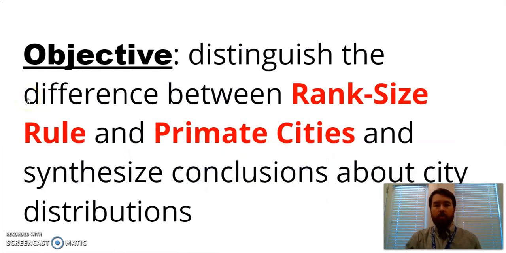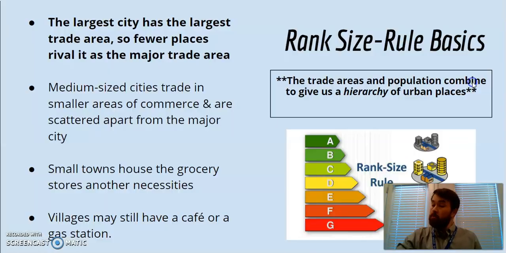So the objective is we want to distinguish the difference between rank size rule and primate cities and be able to synthesize conclusions about city distributions, why cities are located where they are and why people flock to one over the other. And we're going to learn these two words here in just a second.